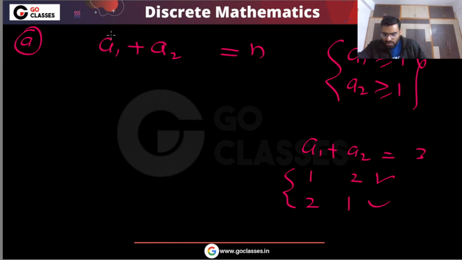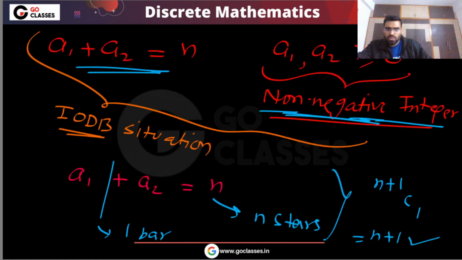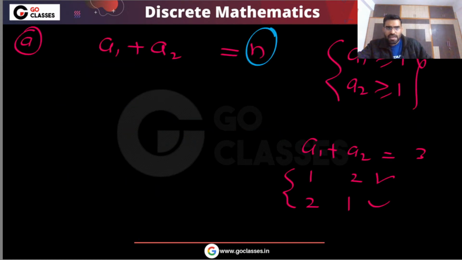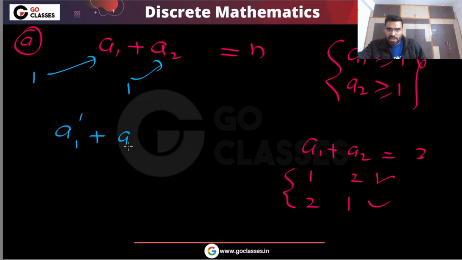Because a1 must be at least 1, I directly give 1 to a1 from this n, and directly give 1 to a2. Now how many are remaining? Now I have a1 dash plus a2 dash equal to n minus 2. Now n minus 2 are remaining.